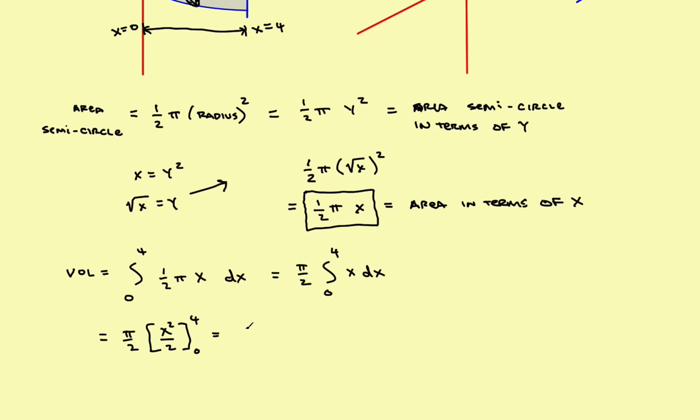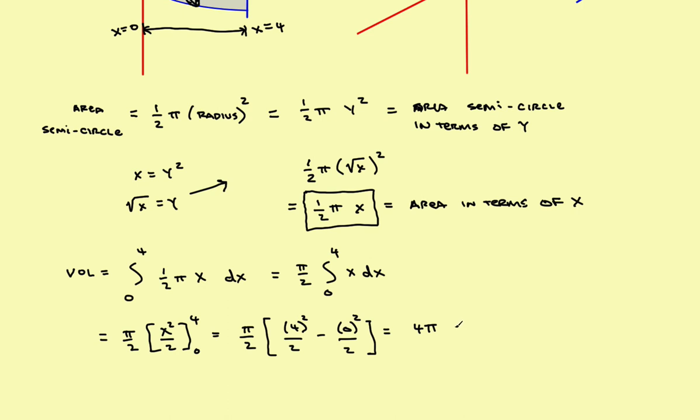So that's going to give you pi divided by 2 times, plug in the 4, so 4 squared divided by 2 minus 0 squared divided by 2. This is all going to wind up giving you 16 divided by 4, which would be 4, and the whole thing will turn out to be 4 pi.